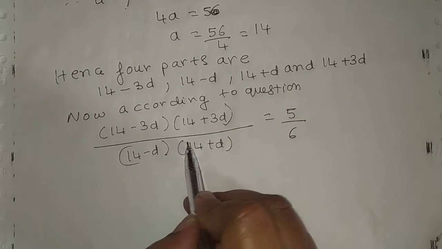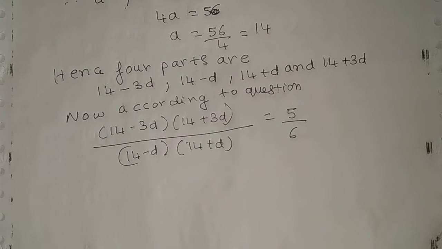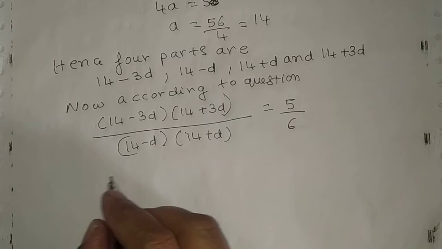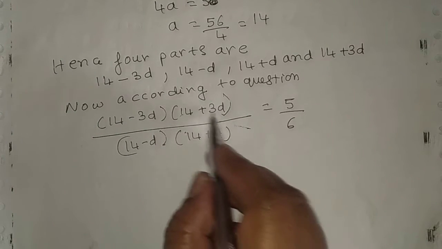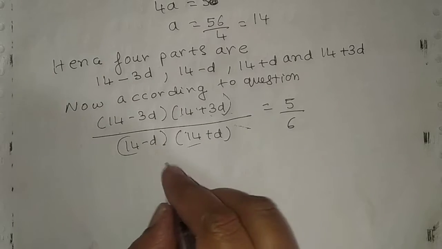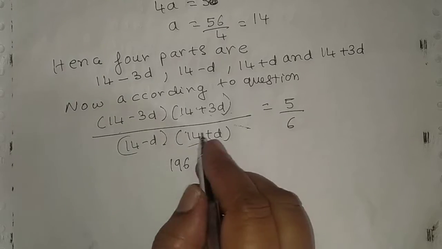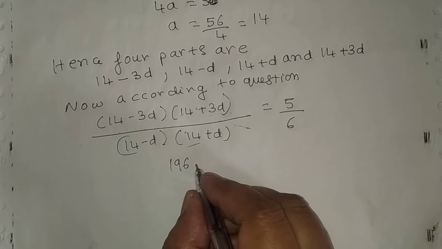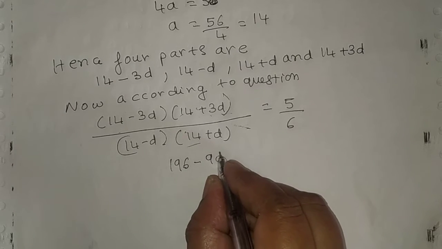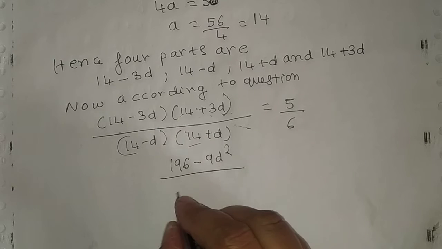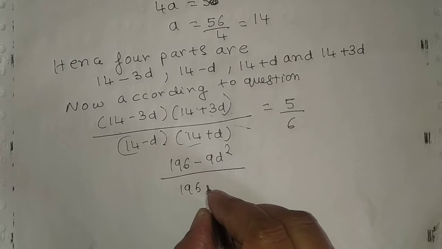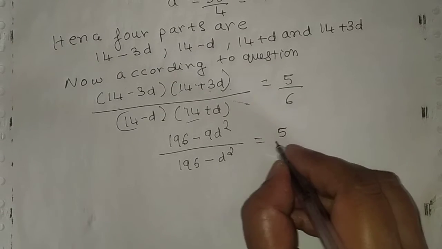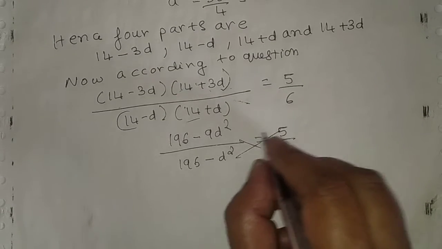The ratio of these parts can be written as 5/6, as given in the question. So next step is solve this. Multiplying all these things, since I have already solved this, I am directly writing 196 minus 9d square in the numerator, and 196 minus d square in the denominator, which will be 5/6. Then we'll cross multiply these two.